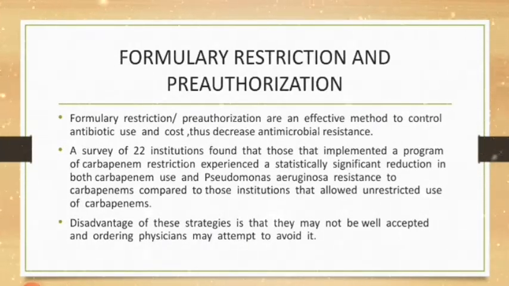A survey of 22 institutions found that those that implemented this program of carbapenem restriction experienced a statistically significant reduction in both carbapenem use and Pseudomonas aeruginosa resistance to carbapenems compared to those institutions that allowed unrestricted use of carbapenems. A disadvantage of this strategy is that it may not be well accepted and the ordering physician may attempt to avoid it.